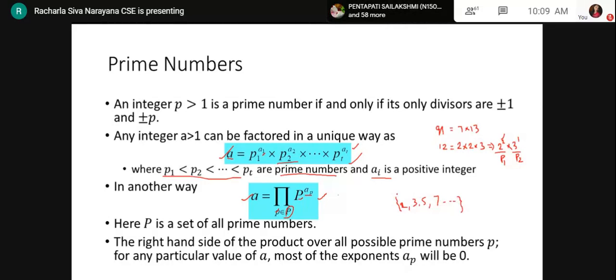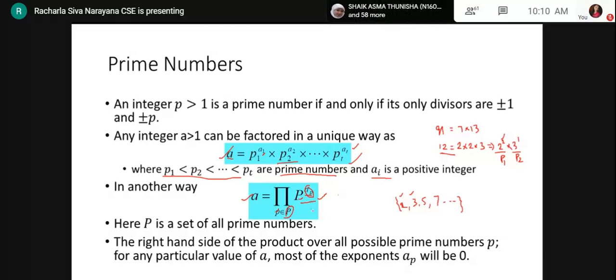From this set, we are choosing small p. In this example, we chose 2 and 3. In powers, we can have 2, 1, 3, 4, anything. The right hand side of the product is over all possible prime numbers p for any particular value of a.